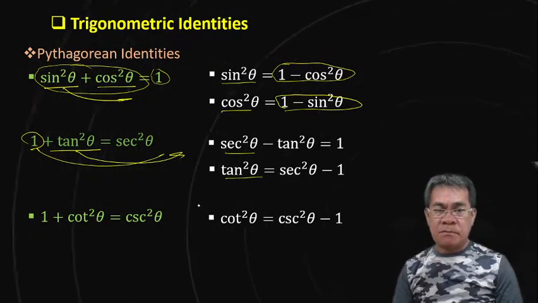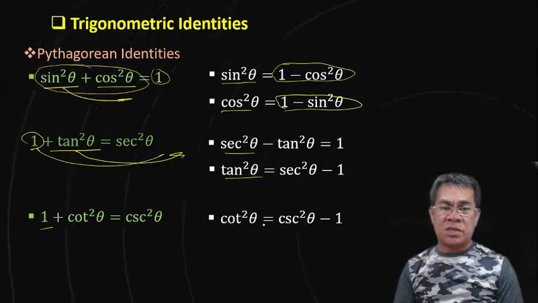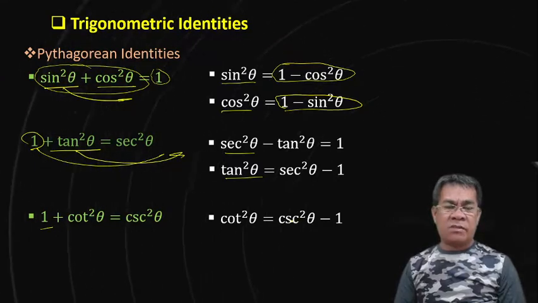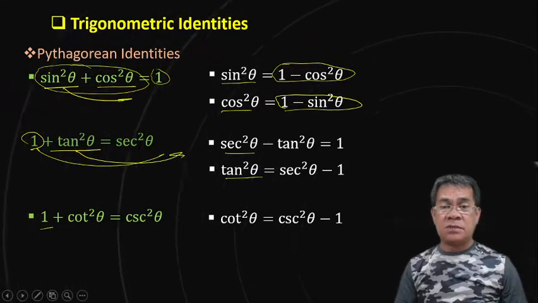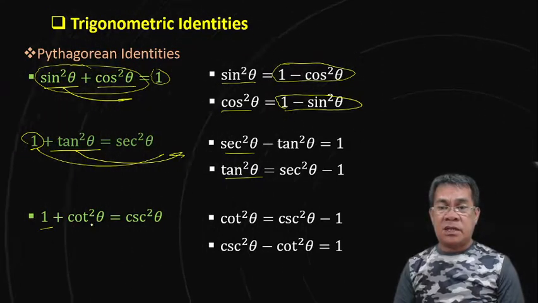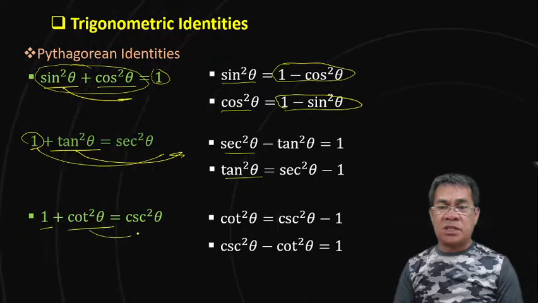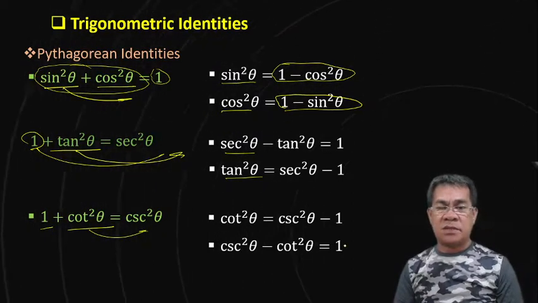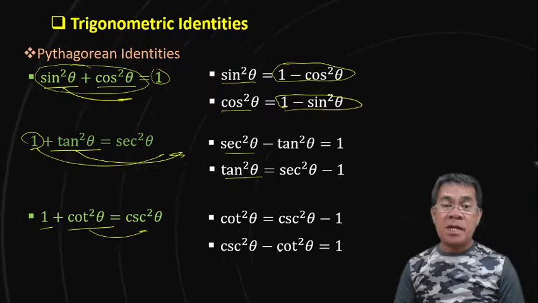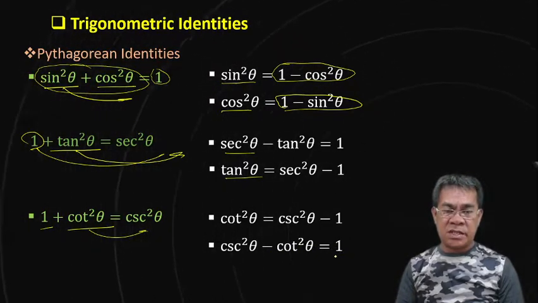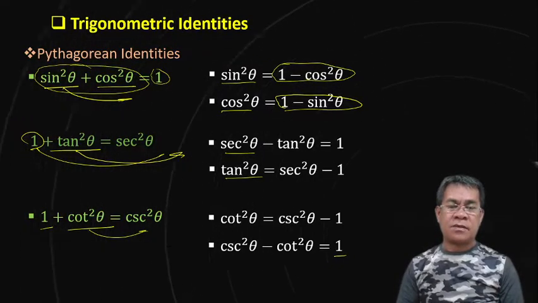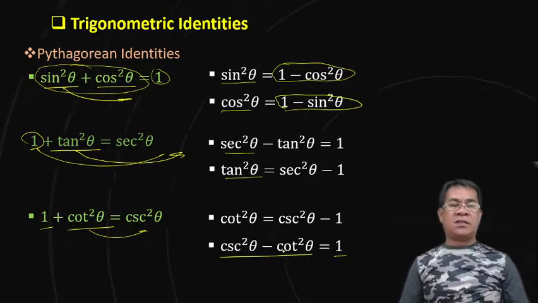Similarly, if we transpose 1 to the right side, the result becomes the cotangent square theta is equivalent to the cosecant square theta minus 1. Also, if we transpose the cotangent square theta to the right side, the result becomes the cosecant square theta minus cotangent square theta is also equivalent to 1. So this is another value of 1. If you see this in equations, you can replace it with 1.